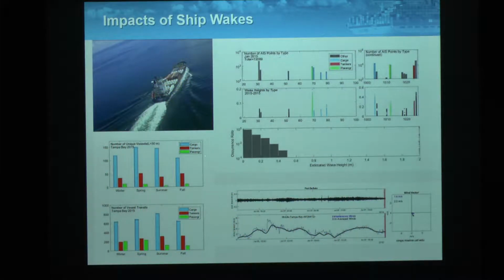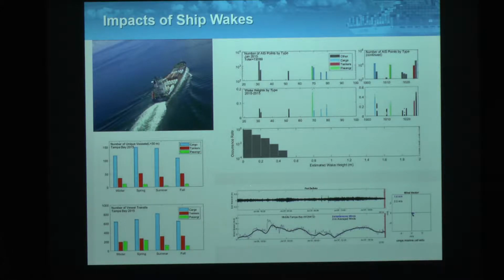One of the things that Steve and I are doing now is looking at the impact of ship wakes on critical marine habitat around Tampa Bay. By mining this information, you know what ships of what size and what draft are coming in at what speed, and how often, and you can begin to develop statistics of how much ship wake energy is going to impact critical bird nesting areas or seagrass beds and things like that.